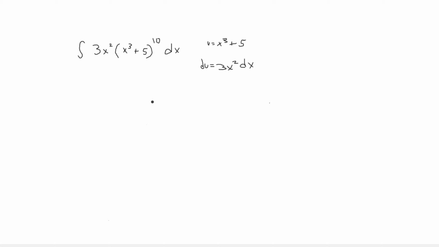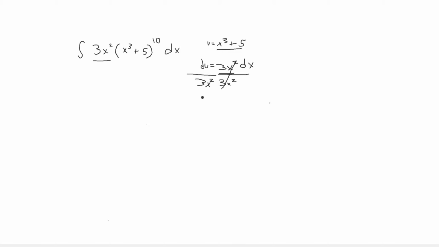And so now you might be able to see where I'm going with this. So we have a 3x squared here, a 3x squared here. We know that we set x to the third plus 5 to u. So we can replace what we have with what we know. So what I'm going to do is divide both sides by 3x squared.